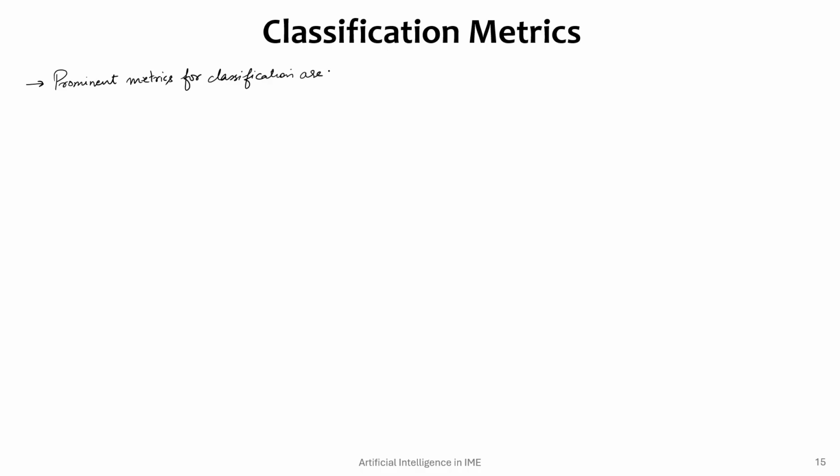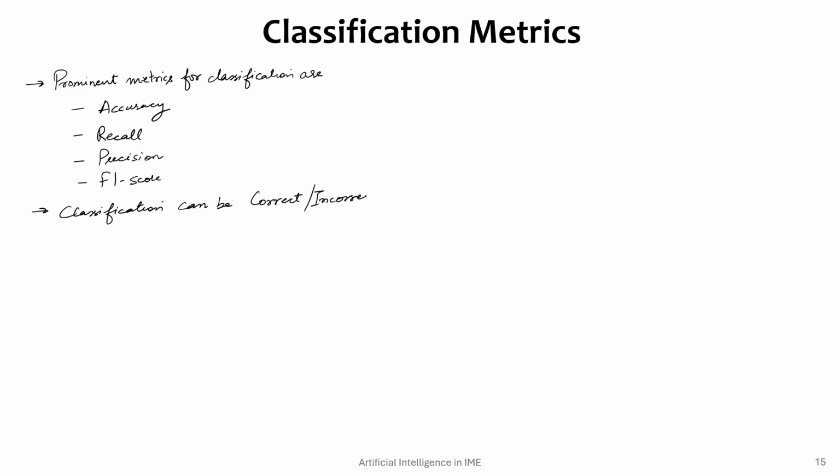for classification are accuracy, recall, precision, and F1 score. So if you have binary classes, then a classification can be either correct or incorrect, right?